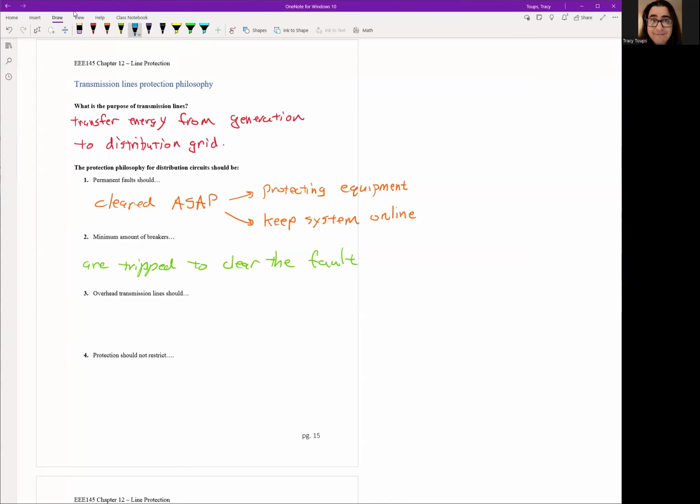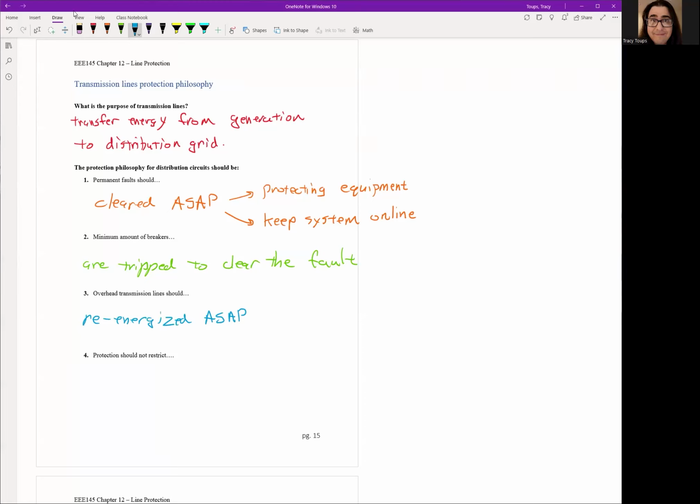And if possible, any overhead transmission lines should be re-energized ASAP. Okay. So transmission lines are very vital to sending power. If we lose too many transmission lines, we're going to have to start shedding load on the system, or the system might become unstable.